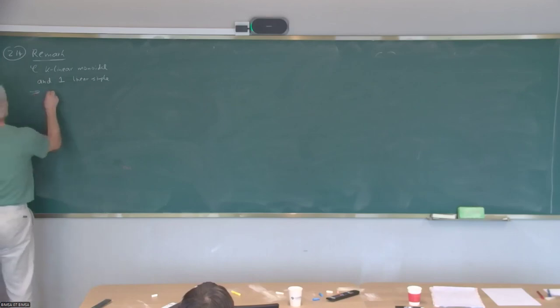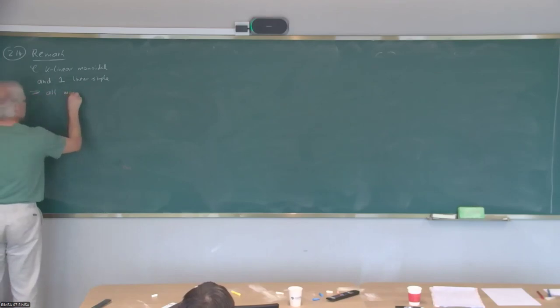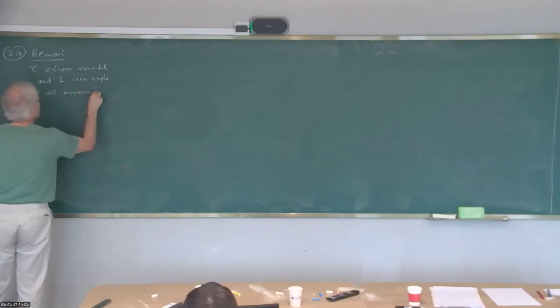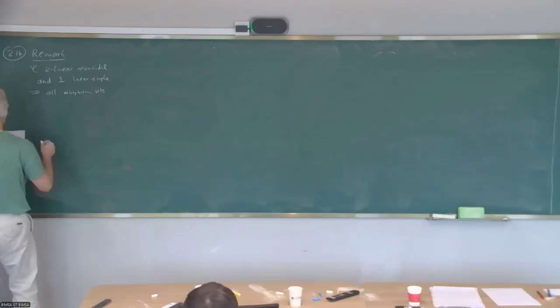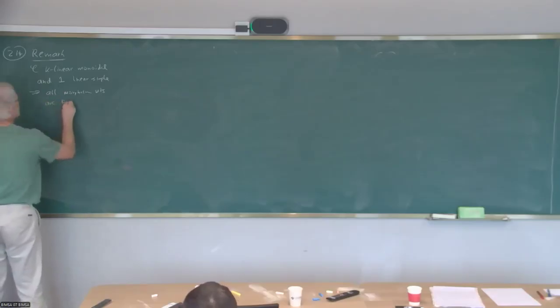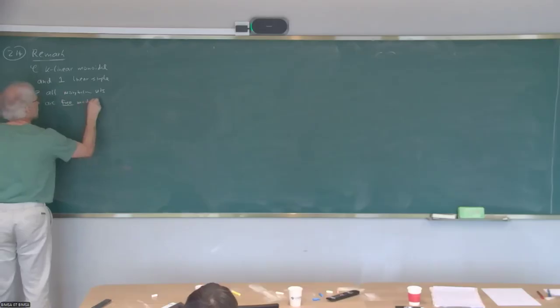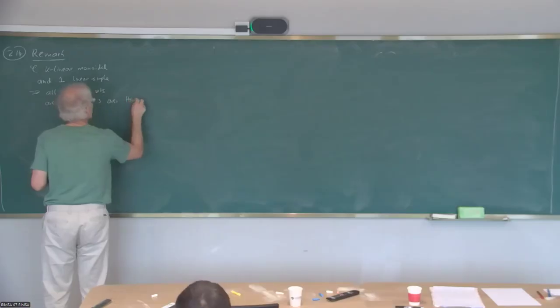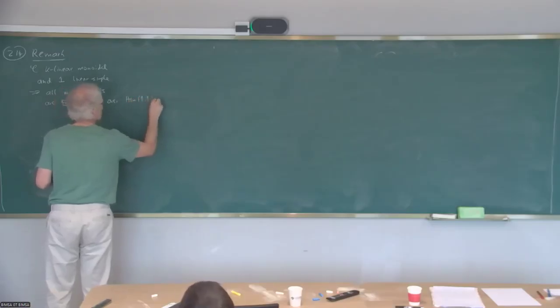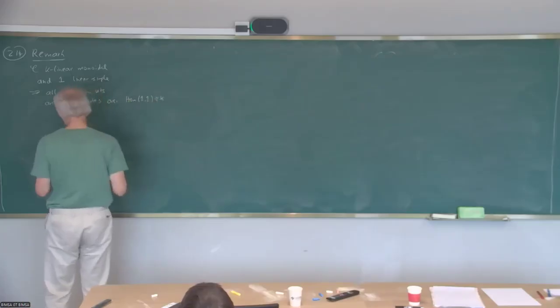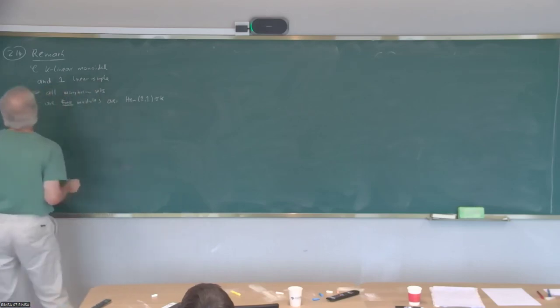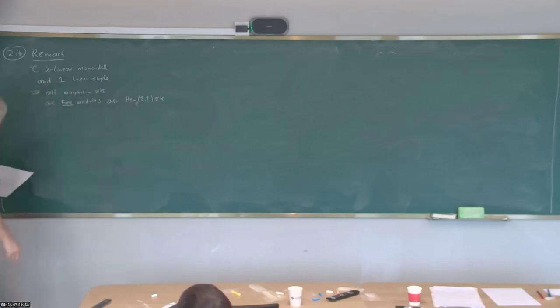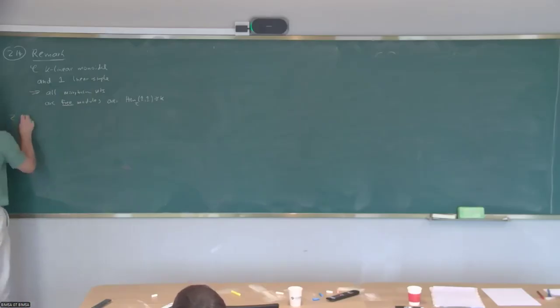Then it follows that all morphism sets, well, they are vector spaces in this case, but they are not just vector spaces, but they are free modules over the endomorphisms of one, over the K algebra K. Maybe I write Hom C to make this clear. And now, remark 15.